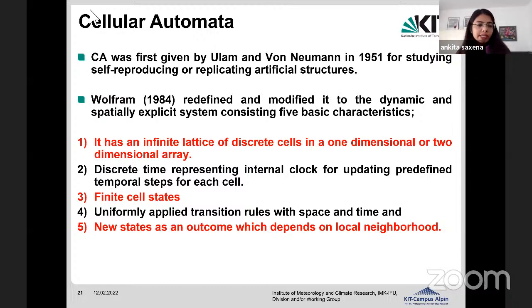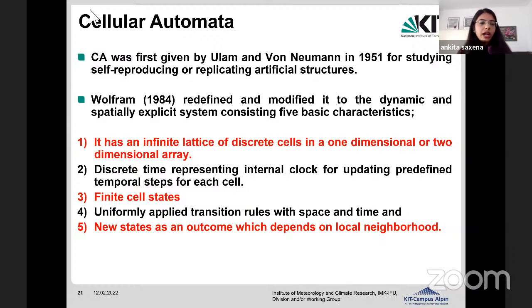So probability is one term, and another term is transition rules. Rules are in the form of explanatory variables, which I was discussing, like economic variables, proximity variables, and so on, which affect your urbanization. Those variables can be included in the form of transition rules.